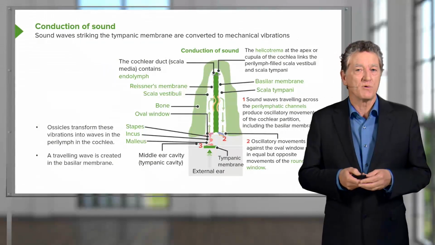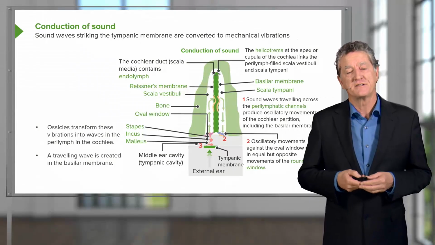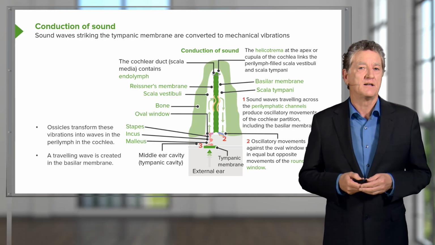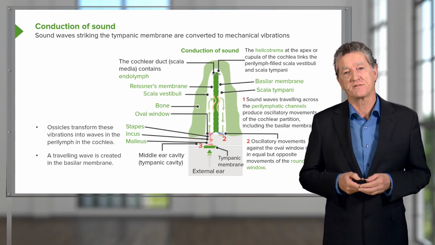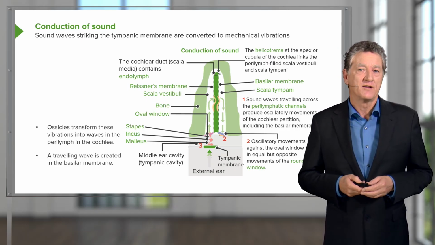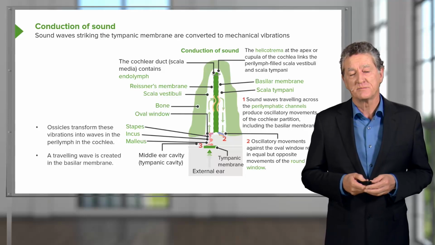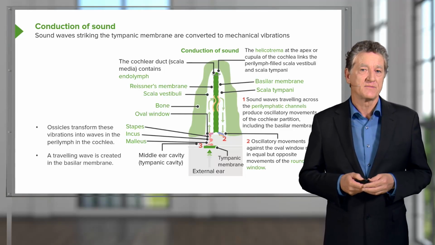The basilar membrane detects high frequency sounds down low at the base of the cochlea, and low pitch sounds or low frequency sounds up at the apex of the cochlea. At the apex of the cochlea, the basilar membrane is at its widest, but it's more relaxed or less stiff.